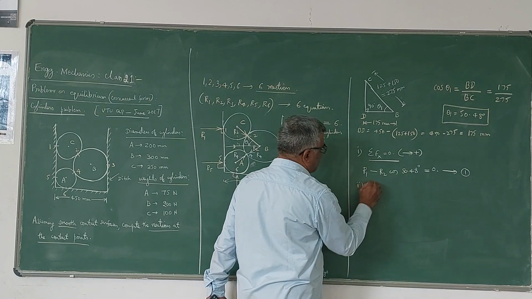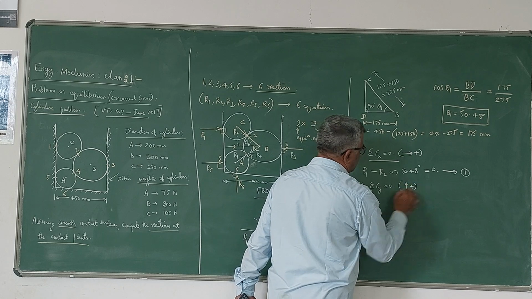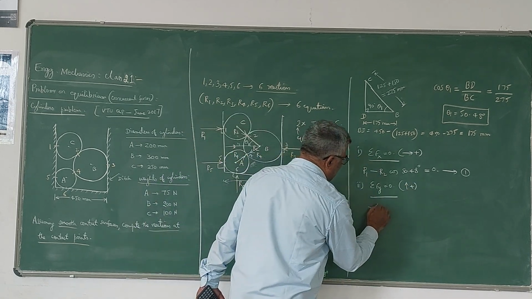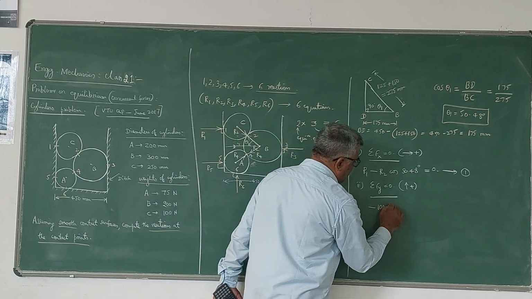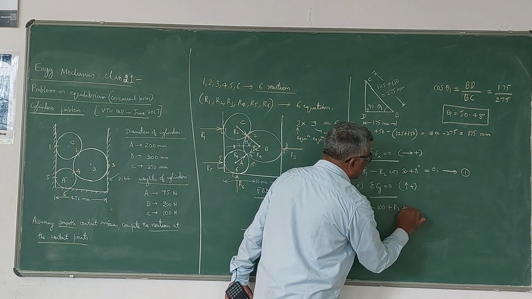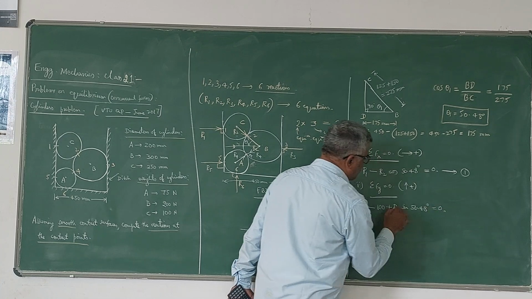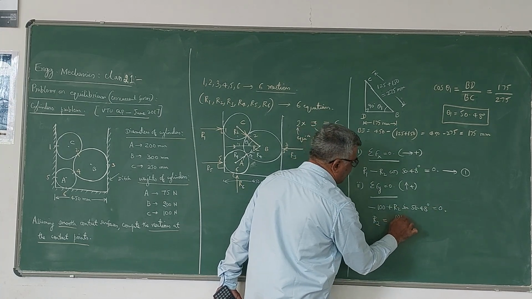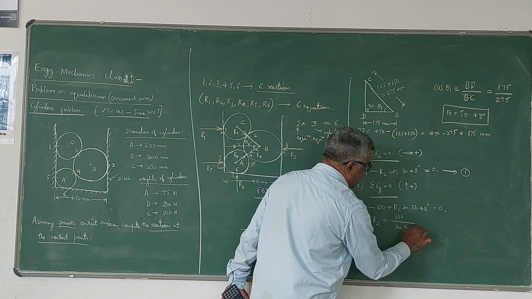Now the second equilibrium equation, sigma Fy is equal to 0, upward positive, downward negative. So this is downward, minus 100, and this is upwards, plus R2 sin 50.48 degrees is equal to 0. So from this you can get R2. R2 is equal to 100 divided by sin 50.48 degrees.